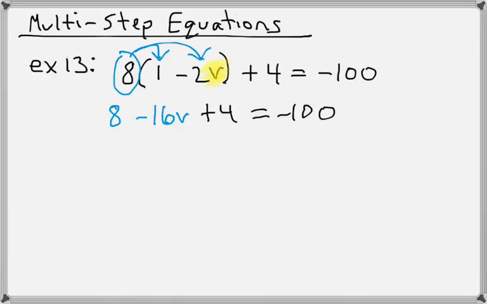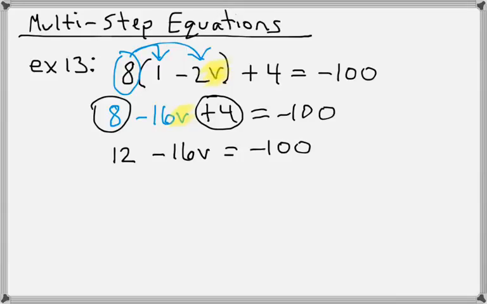We're still, again, trying to isolate that v. We have not done that yet, so we want to look to combine like terms. I have an 8 and a positive 4. Those are both numbers. I can combine them to get a 12. Then I still have my minus 16v is equal to negative 100. Now it's looking like our two-step equations.